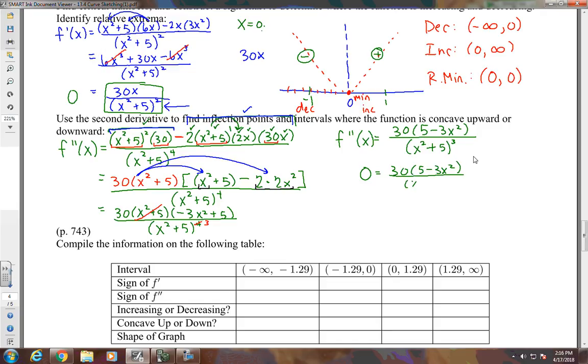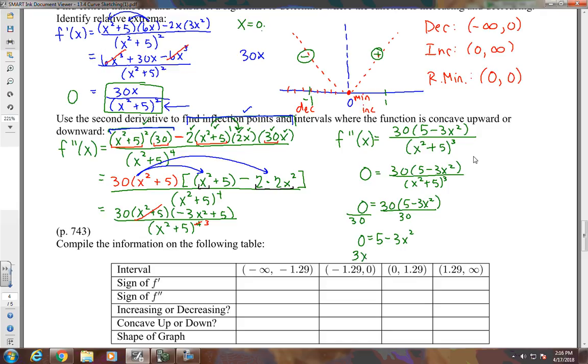Now remember, I can multiply both sides by this denominator. We've done that several times. When we do, it cancels on the right and zeroes out on the left. Let's go ahead and divide both sides by 30. And we have the equation 0 equals 5 minus 3x squared.